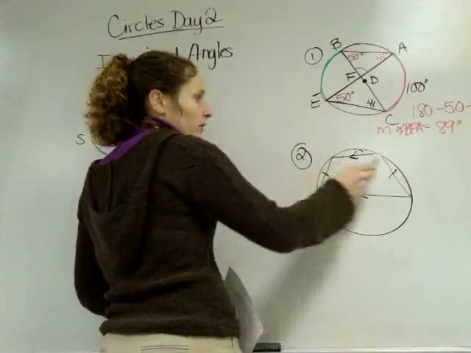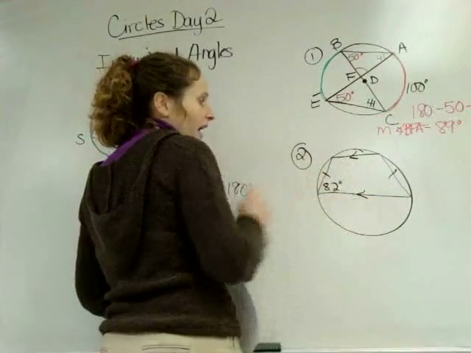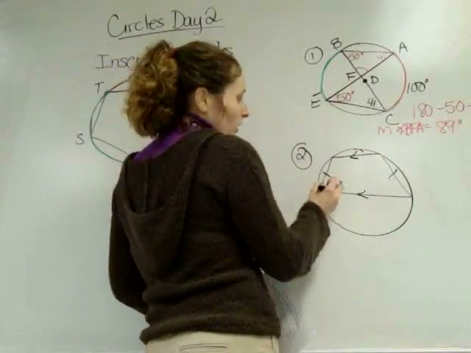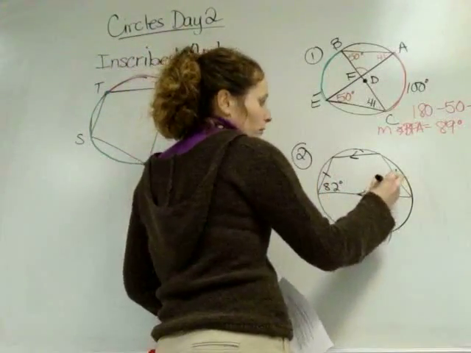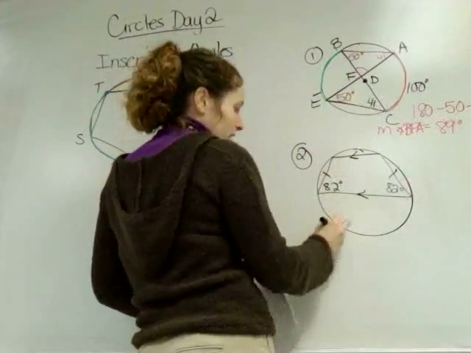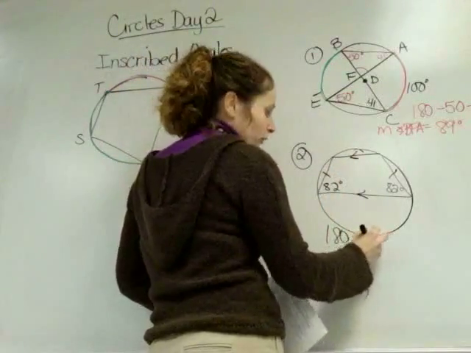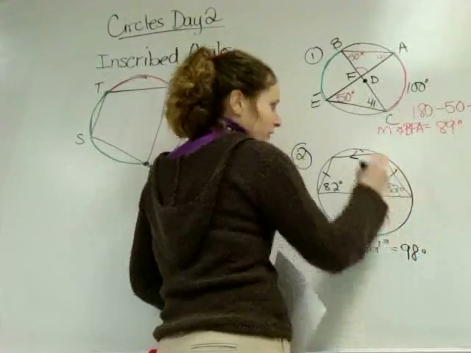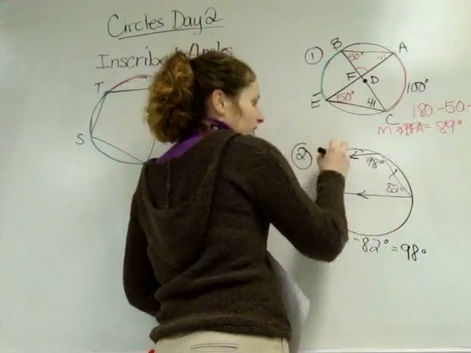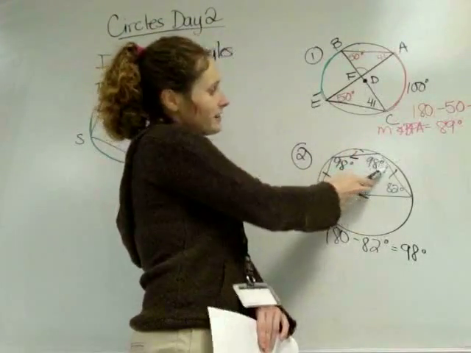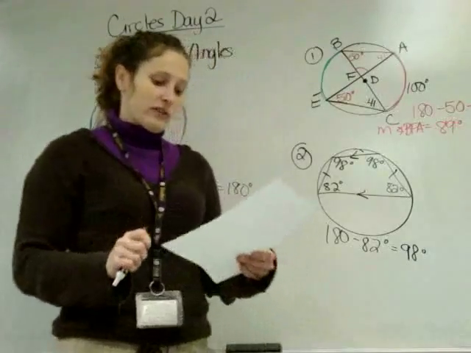That makes this not only a trapezoid from the parallel sides, but an isosceles trapezoid, which means that not only is this angle 82, but so is this angle. After that, we have to do 180 minus 82 degrees, and that's going to give us 98 degrees for the angles directly opposite both 82-degree angles. So 98, 98, and 82 were the correct answers.